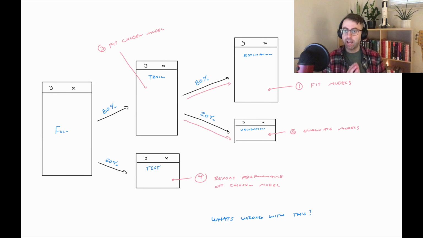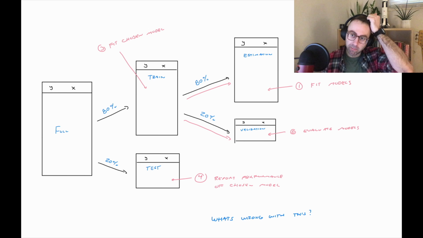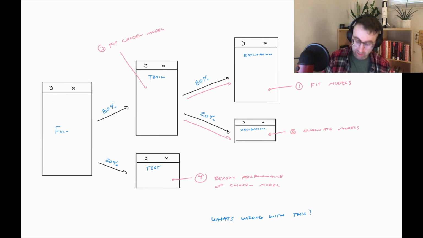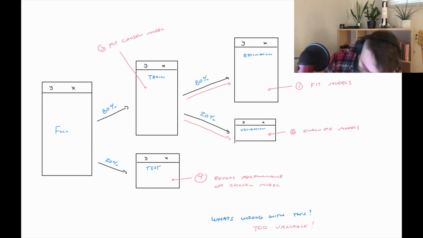If we're taking 80% of the data and making it the estimation data, and 20% of the data and making it the validation data, well, our results then are highly dependent on which observations end up in the validation data, or vice versa. So ultimately, this procedure is too variable. Basically, it's too sensitive to the data split.